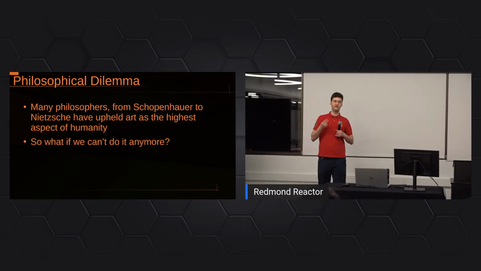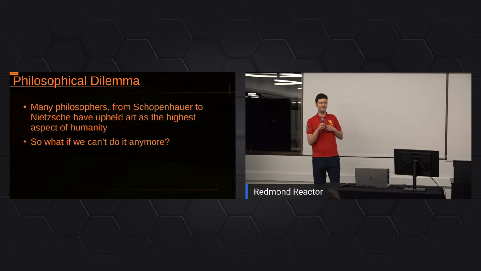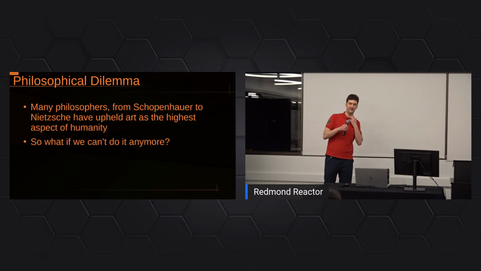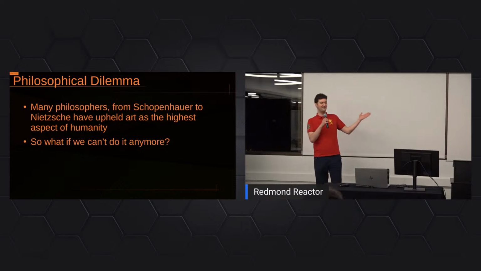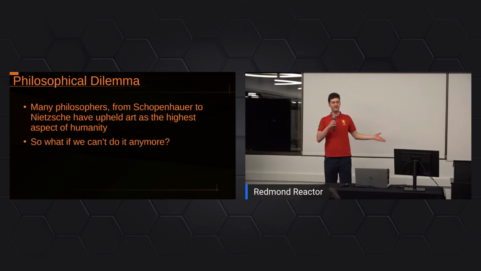Nietzsche in particular was very interested in the contrast between the Apollonian, or logical and rational center of people, and the Dionysian, or artistic and wild sense of people, with the Apollonian and Dionysian being in constant conflict. But if the Apollonian has managed to artificially generate the Dionysian, that raises the broader dilemma of what the Dionysian is even doing, in a sense, which is interesting in many ways, in my opinion.